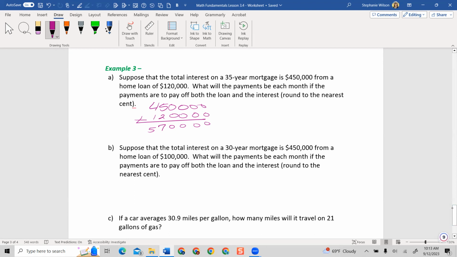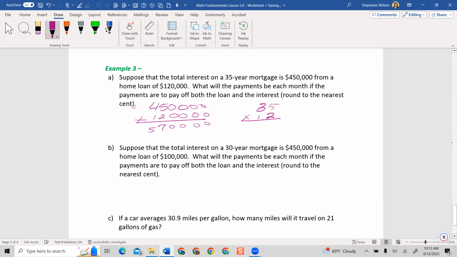I just wanted to make sure that's how I got it. Okay. So I come out with 570,000. And now I'm going to say, okay, for 35 years, I'm going to make 12 payments each year.